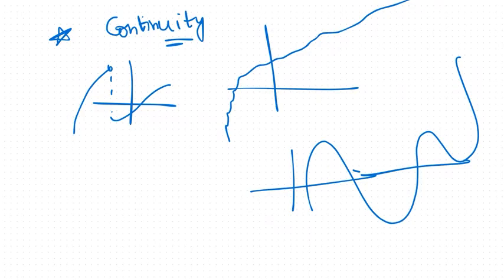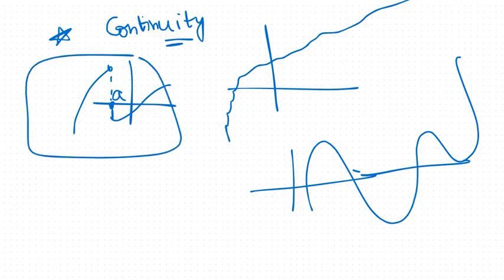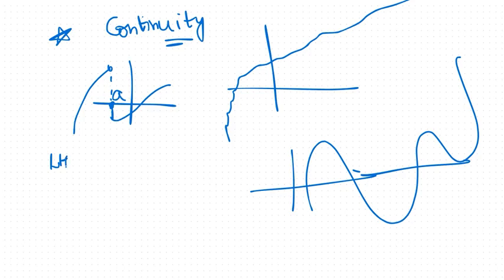Continuity means like that. So for continuity to exist, let's say this is point A. What is the left hand limit value? LHL is equal to limit x tends to A minus, right? What is the y value, the output just before A? Correct? But just after A, what is the value of the function, in A plus?